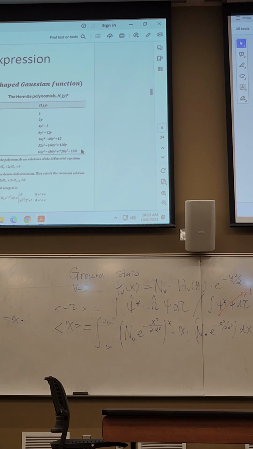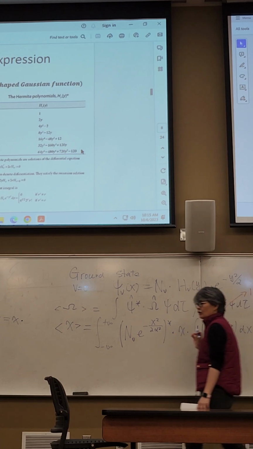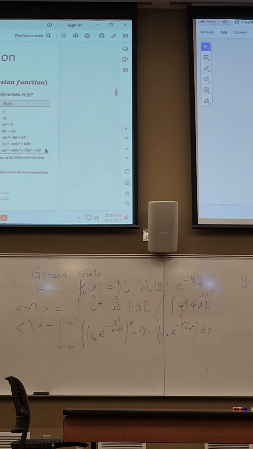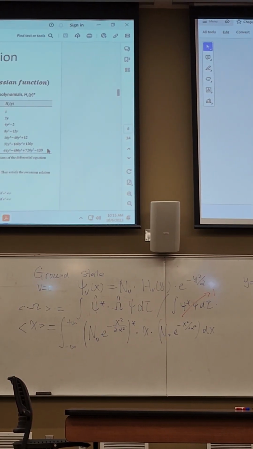It's an integral, so I have upper and lower limits with respect to the variable, that's your x. I plug in the wave function for the ground state, then follow this expression for expectation values.